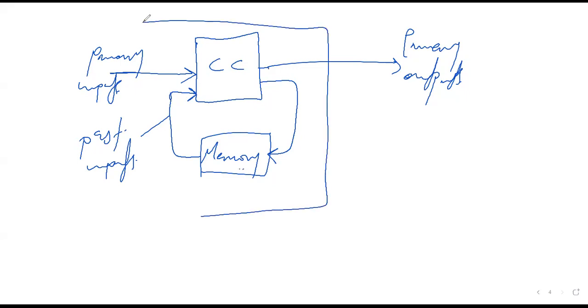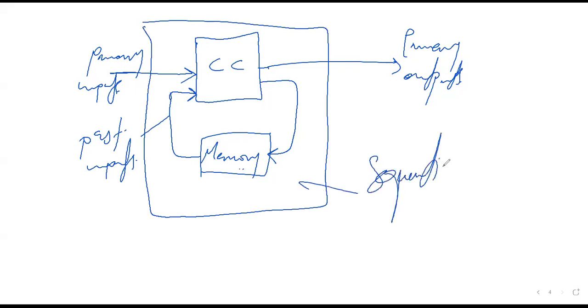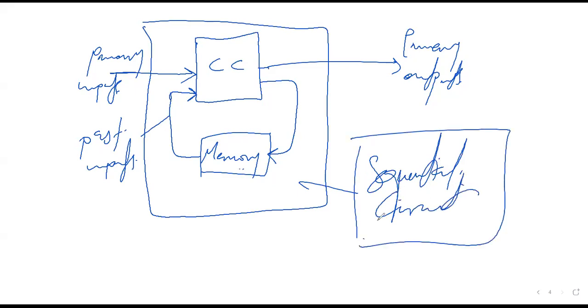And this whole thing is a sequential circuit. So as you can see, a combinational circuit is just part of a sequential circuit. We have a combinational circuit here where the outputs depend only on the present inputs. Once we insert a memory, we now have past inputs being fed into the circuit. And as a whole, it's now a sequential circuit. All right, we'll give examples later on.